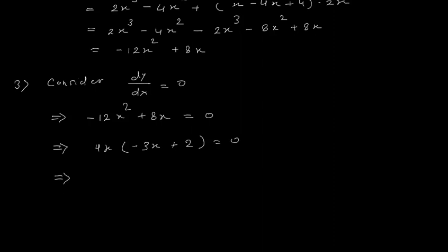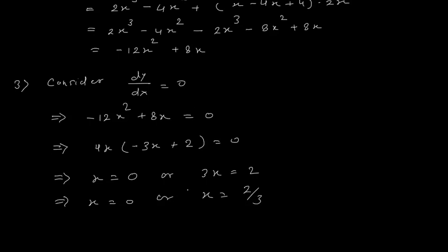So this implies x is 0 or 3x equal to 2, that is x is 0 or x is equal to 2 upon 3. So this is our critical point: x is equal to 0 or x is equal to 2 upon 3, this is our critical point.